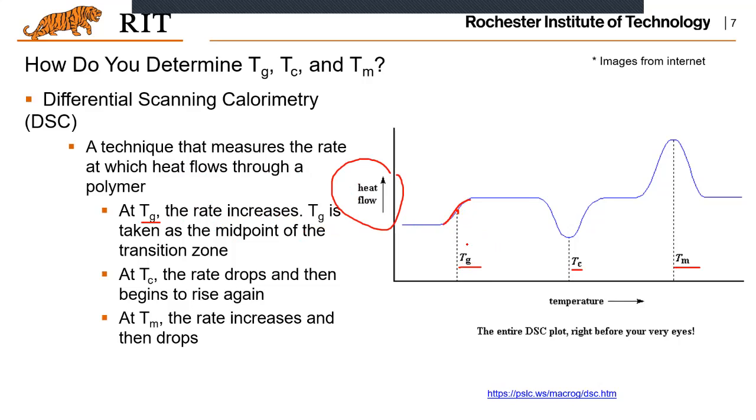That's the glass transition temperature. If you want to find the crystalline temperature, just find the first drop of the curve. And the melting temperature is at the highest point of the heat flow rate, right? That's how you figure out these important temperatures by looking at differential scanning calorimetry result plots, right?